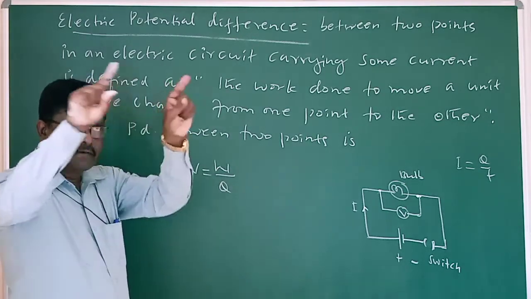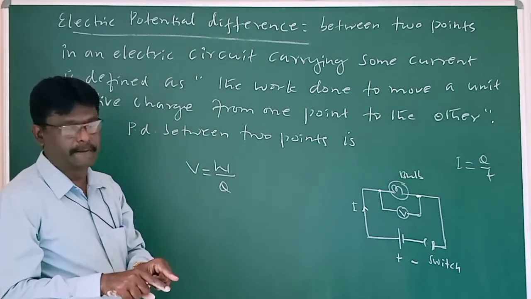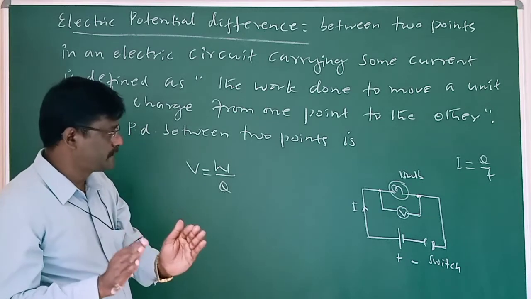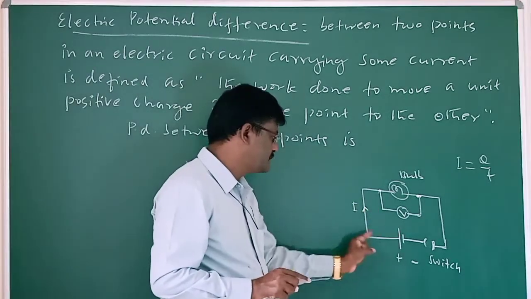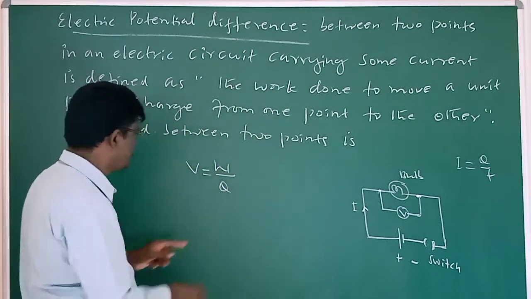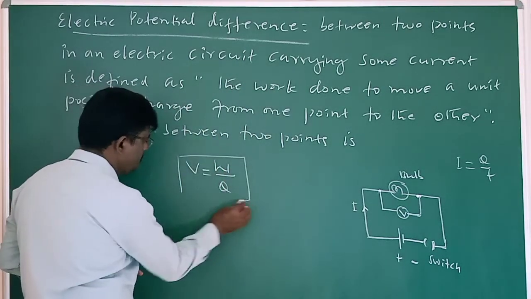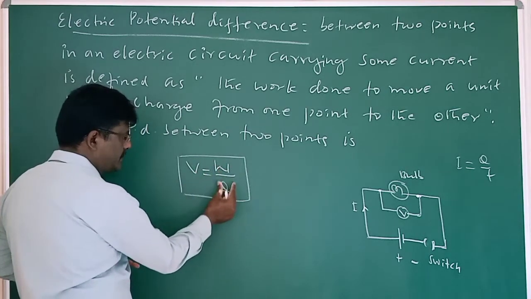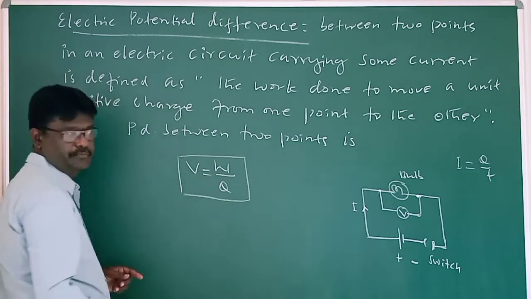Potential difference is within the given electric field between 2 points. But in our high school, for practical purpose, the given definition is with respect to an electric circuit. Okay, children. V equal to W by Q. We know the meaning: potential difference, work done, and the given charge.